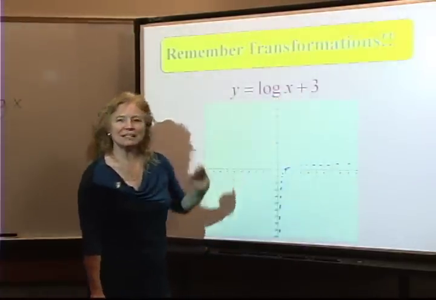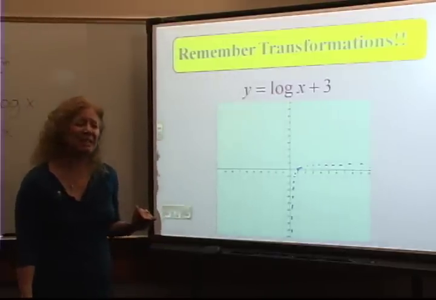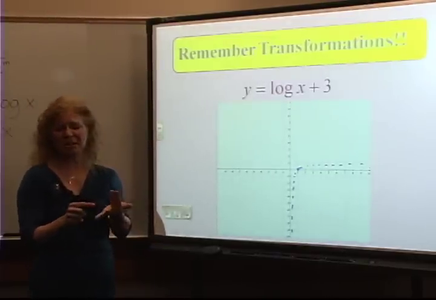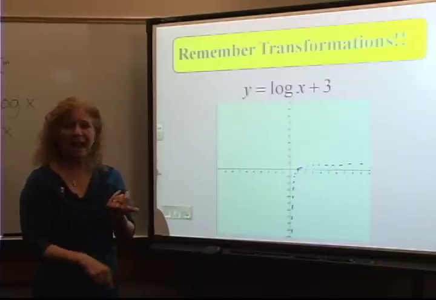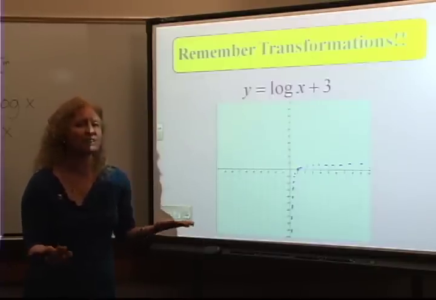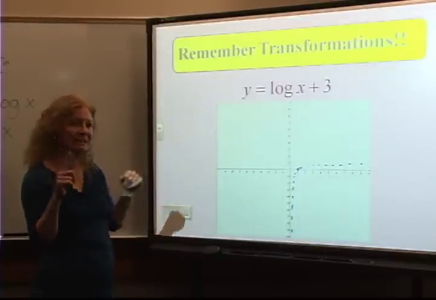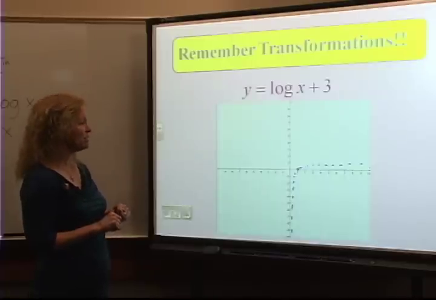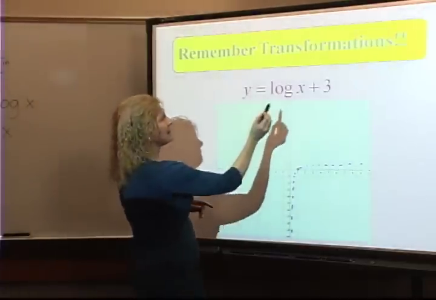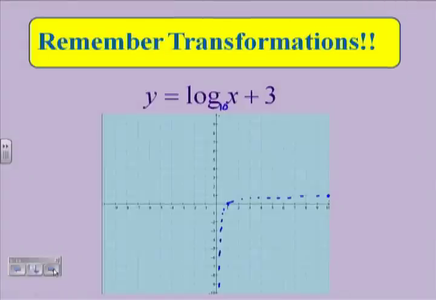So then what's that plus 3 going to do? Well, it's going to do the same thing it did with our lines and our parabolas and our rationals and our exponentials and everything else we have graphed. It is going to lift it up 3 because that's our D number, that's our vertical shift. Now, technically, remember this is base 10, so I have the points 10, 1 and 1, 0.